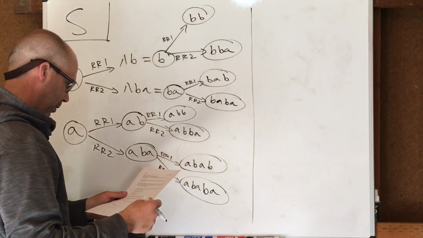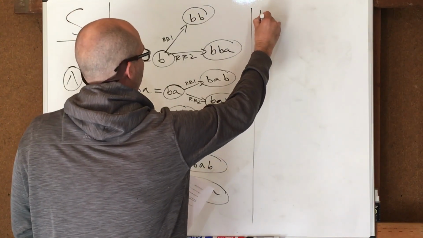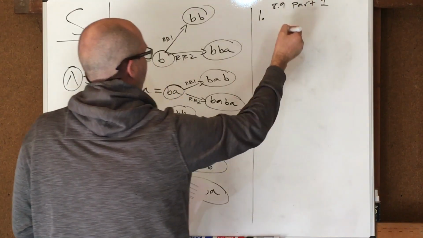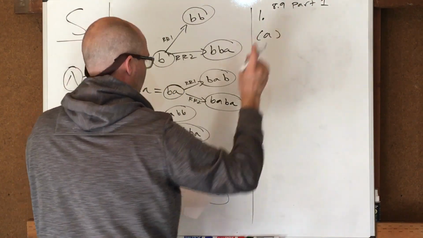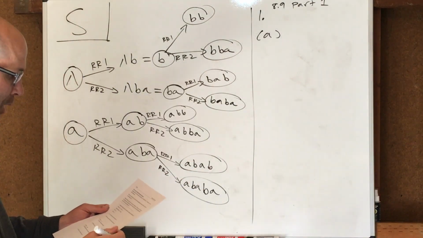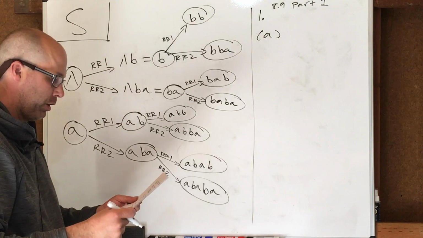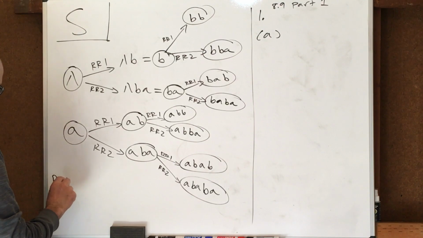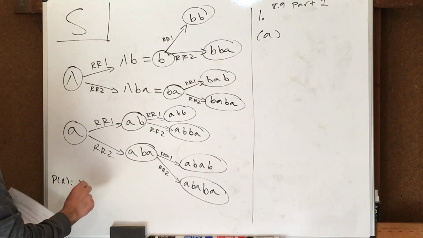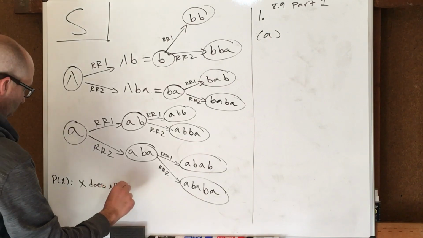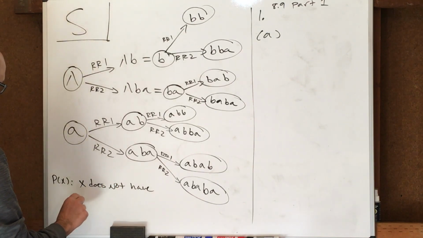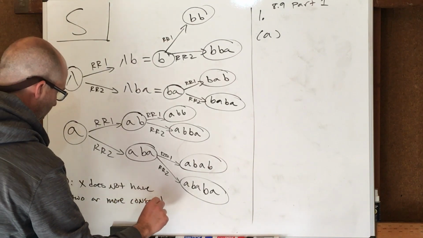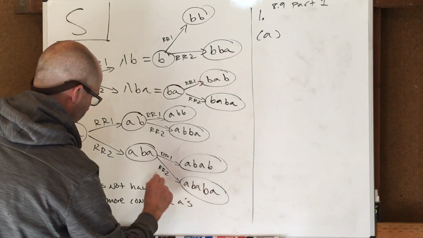Okay, so 8.9 part 1, problem 1. Problem 1a says, what must be proved in order to prove the base case? So, proof by structural induction. The property that we're trying to prove, P of x, is that x does not have two or more consecutive a's.